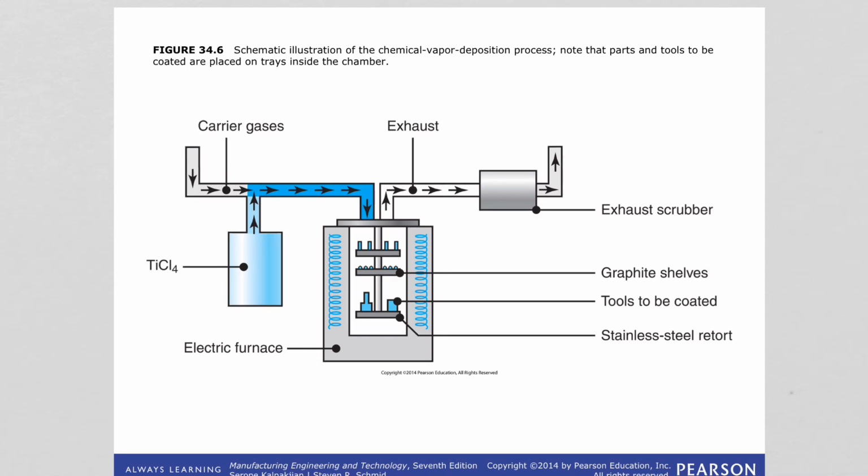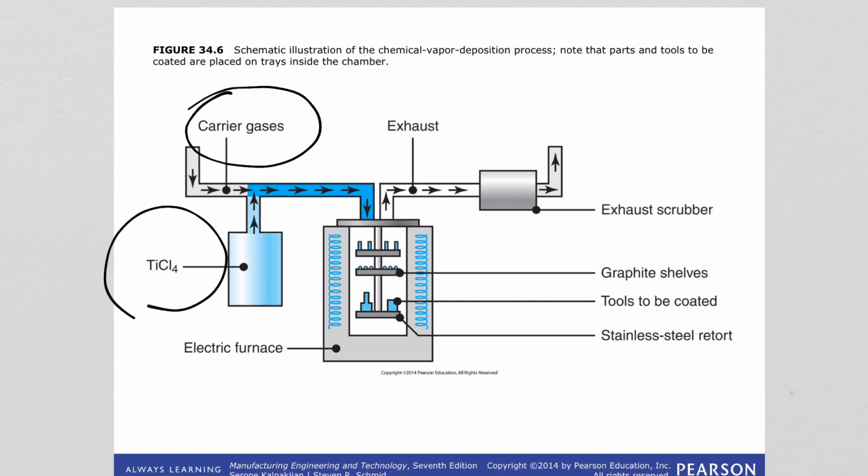The tools are heated under an inert atmosphere until the coating temperature is reached, and the coating cycle is initiated by the introduction of titanium tetrachloride, you can see here, together with the carrier gases like hydrogen and methane into the reactor.